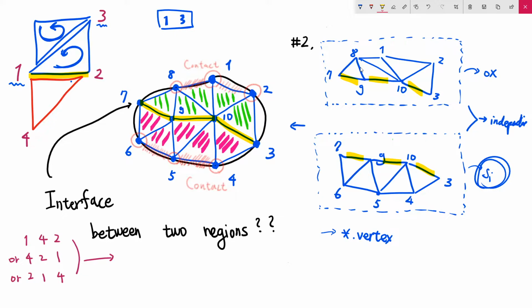So when I come back to Mr. Jung's original question, when we build a region itself, individual region can be independently constructed. The only missing information is whether these two regions are attached to each other or just disjoint.